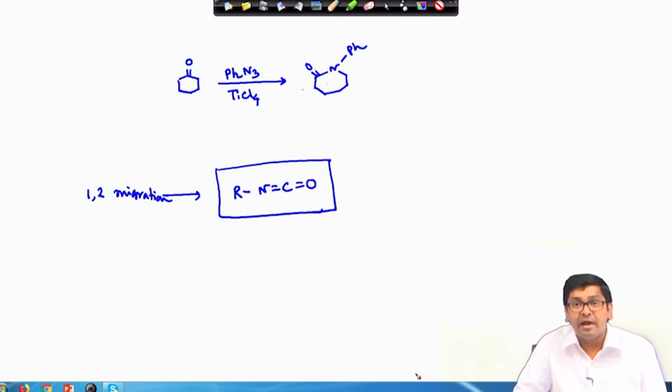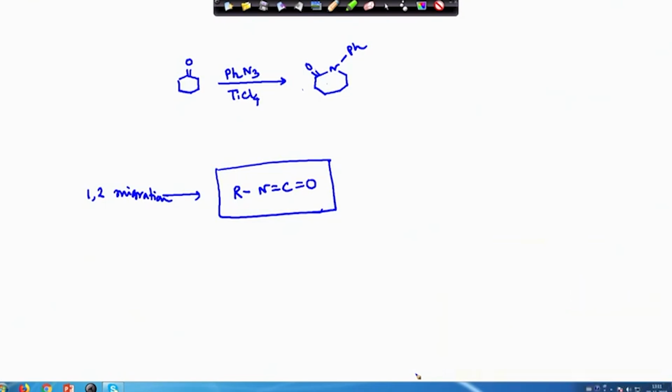This is a monovalent nitrogen species, and it is isoelectronic with carbenes and contains 6 electrons. These are highly reactive and generally electrophilic in nature, as they are electron deficient species, and they can be singlet or triplet.